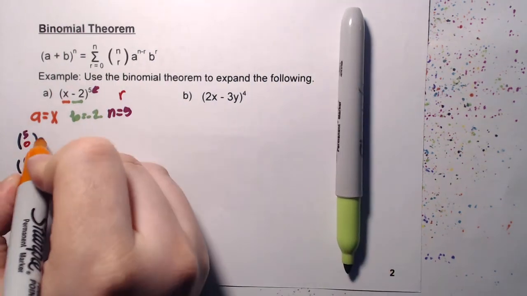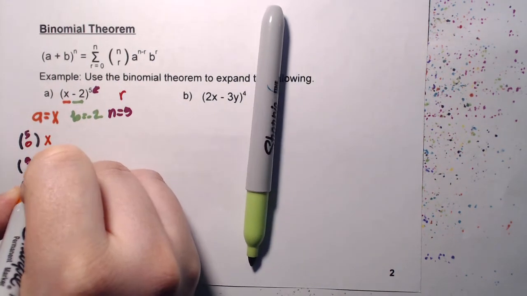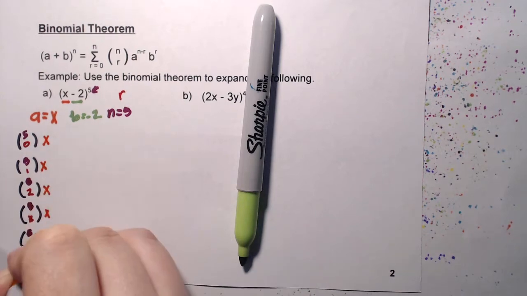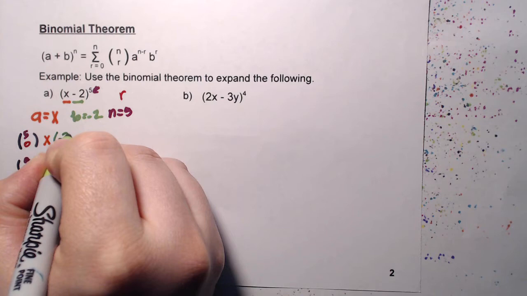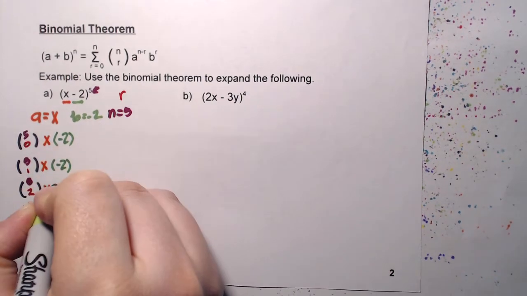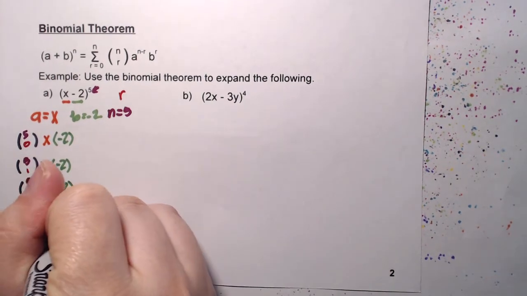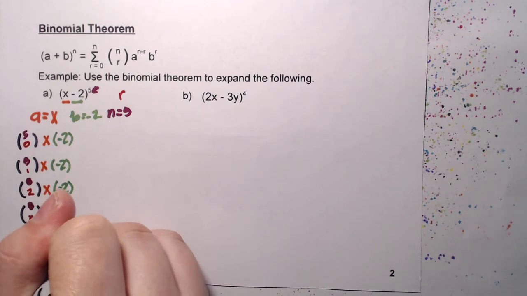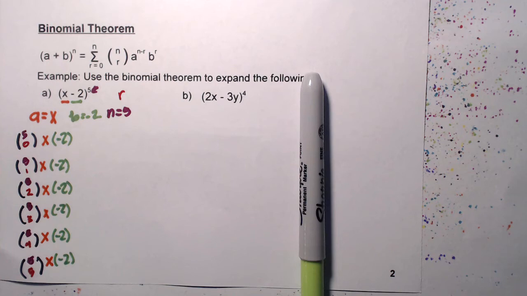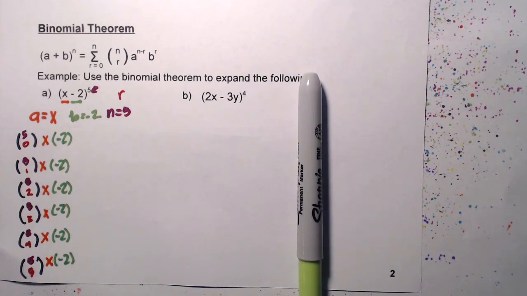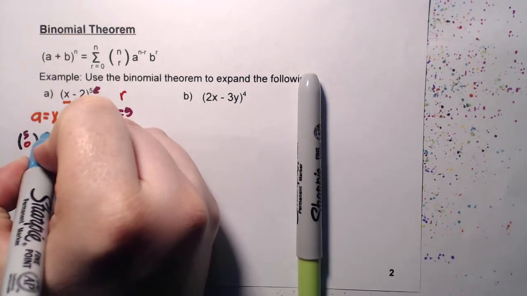And then my A term, and I also have the B term. And then this stuff right here is basically just saying take N minus R. So take 5 minus 0 and you have 5.